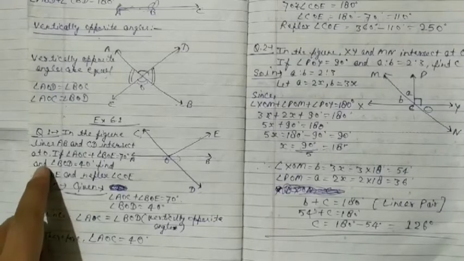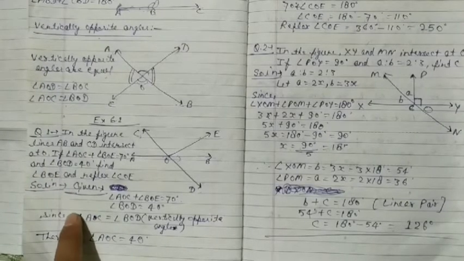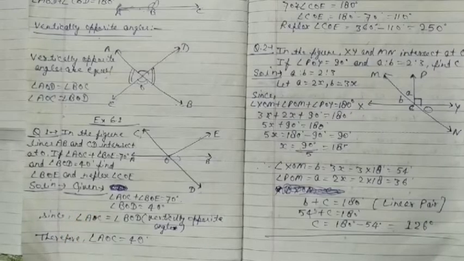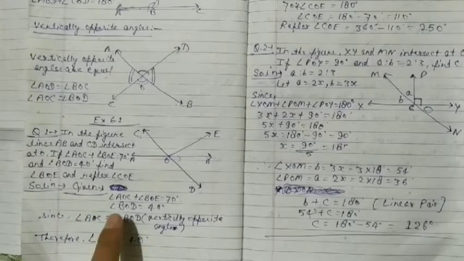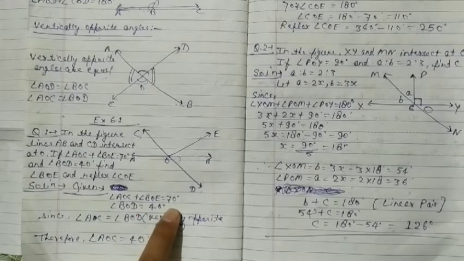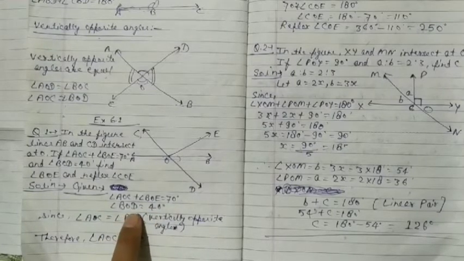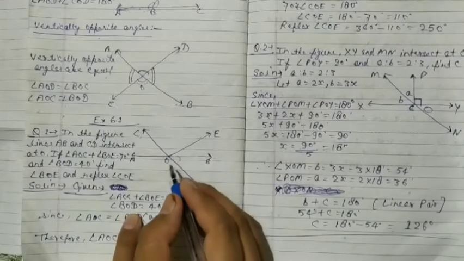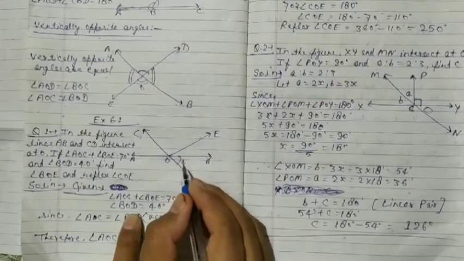Solution: first we write the given quantities. Angle AOC plus angle BOE equals 70 degree and angle BOD is equal to 40 degree.